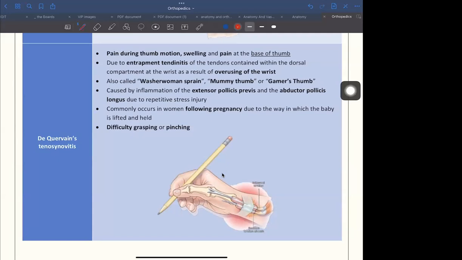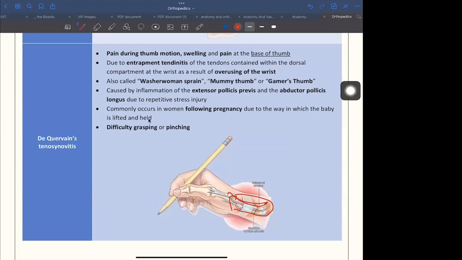So when you examine it, again, you will be trying to feel it. It will be very painful on the lateral surface of the thumb, the base of the thumb, basically. So this is called de Quervain's tenosynovitis. It's pain during thumb motion due to entrapment tendinitis, due to overusing the wrist, either with the students or the mummies, and caused by inflammation of the extensor pollicis brevis and abductor pollicis longus.